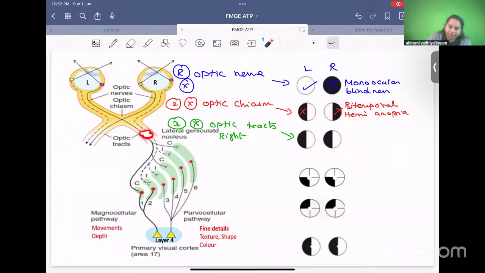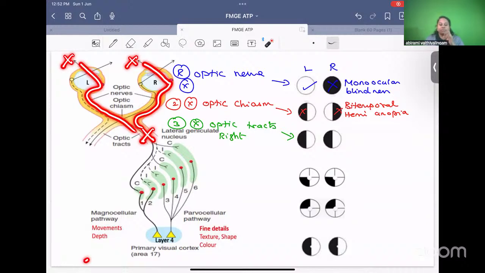The right side optic tract carries vision from the lateral half fibers of the right eye, which will carry from this field, and the medial fibers of the opposite eye, which will carry from this field. So in both the eyes, the left half of the world is not seen. Damage is to the right side optic tract, but in both the eyes, the left half of the world is not seen. Contralateral.